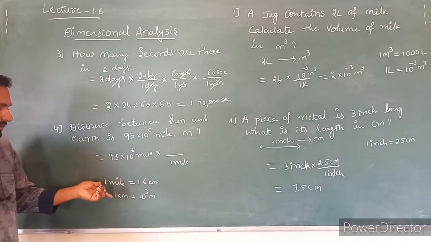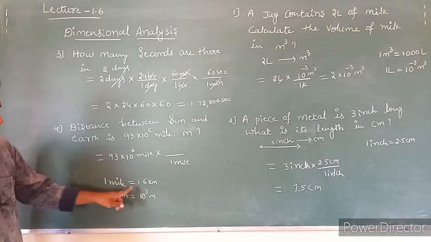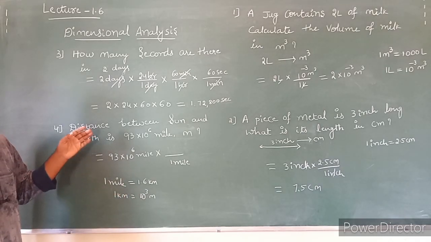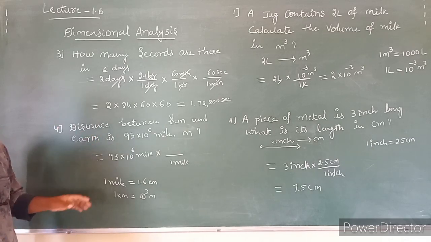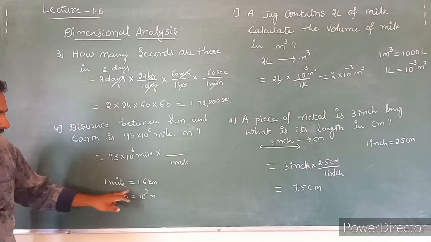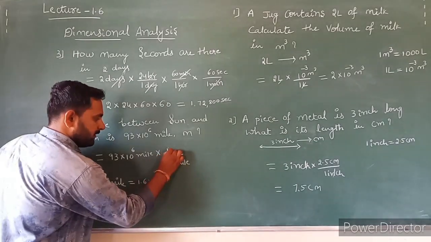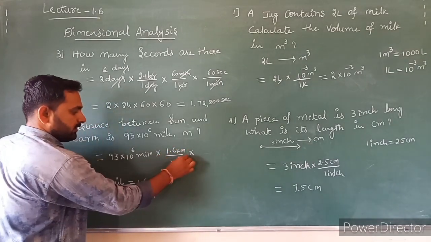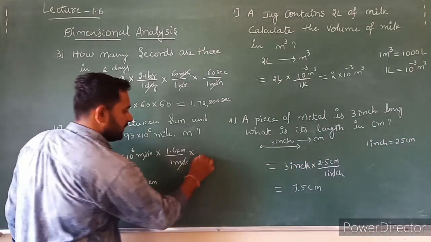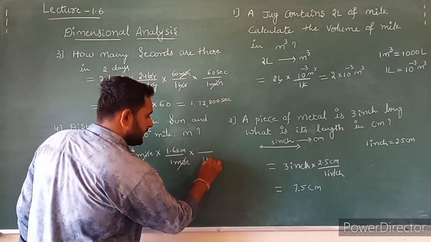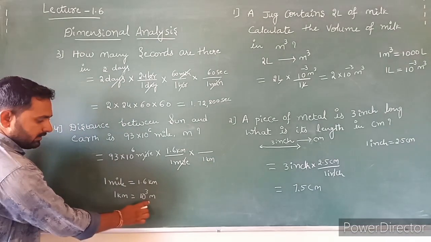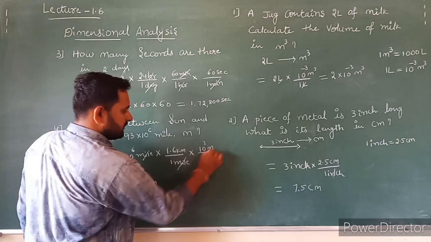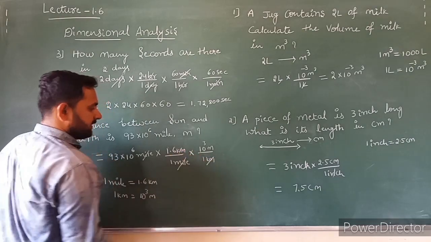Remember these conversions, then only we can convert from any unit to another unit system. 1 mile is equal to 1.6 kilometer. Here mile gets cancelled. Next, 1 kilometer is equal to 10 power 3 meters. Then kilometer gets cancelled.